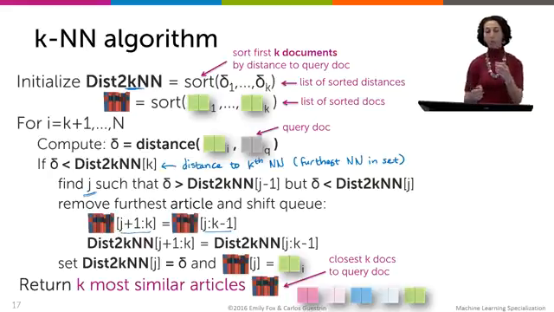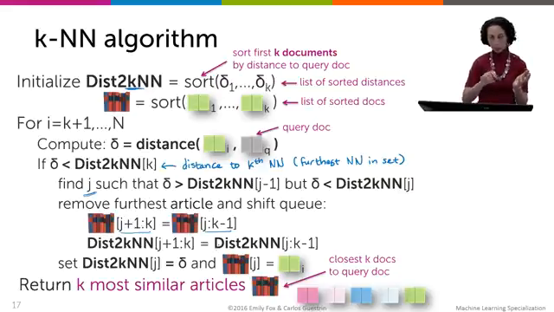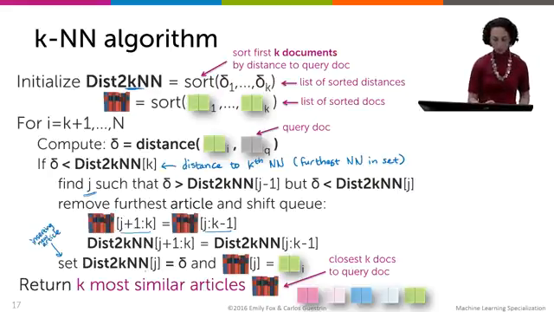So what used to be our k minus 1th nearest neighbor now becomes our kth nearest neighbor, and so on all the way down to index j plus 1. Likewise, we shift our distances to these nearest neighbors, and then we simply insert this new article. So the distance to the jth nearest neighbor is now delta, this new distance we just computed, and we record the index of that article in the jth element of this list here.